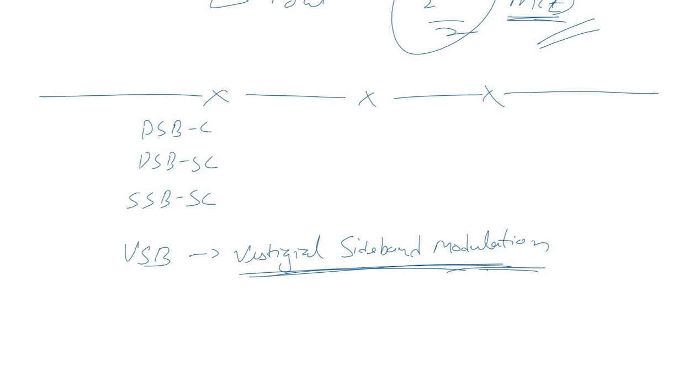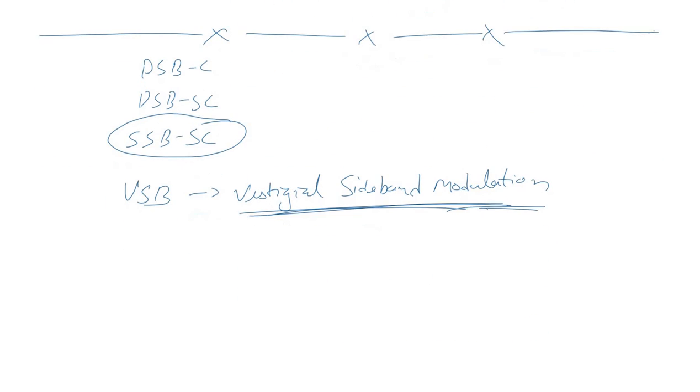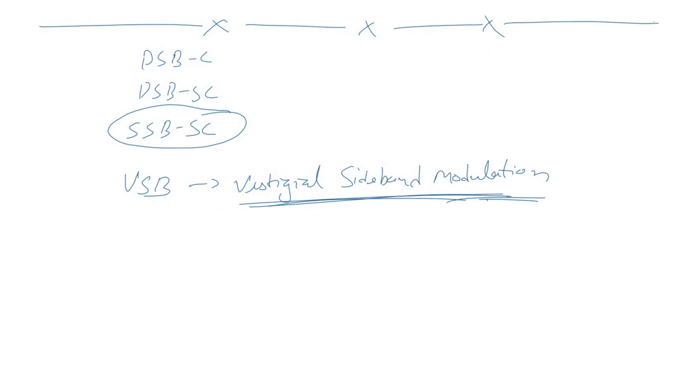So far, SSB-SC was one of the best modulation techniques in terms of transmission efficiency and power efficiency. Transmission efficiency and power efficiency were best in case of SSB-SC modulation.